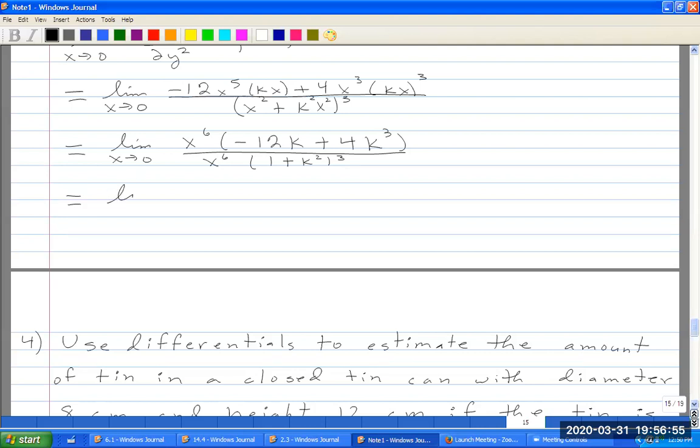So this is the limit as x goes to 0 of negative 12k plus 4k cubed over 1 plus k squared cubed.